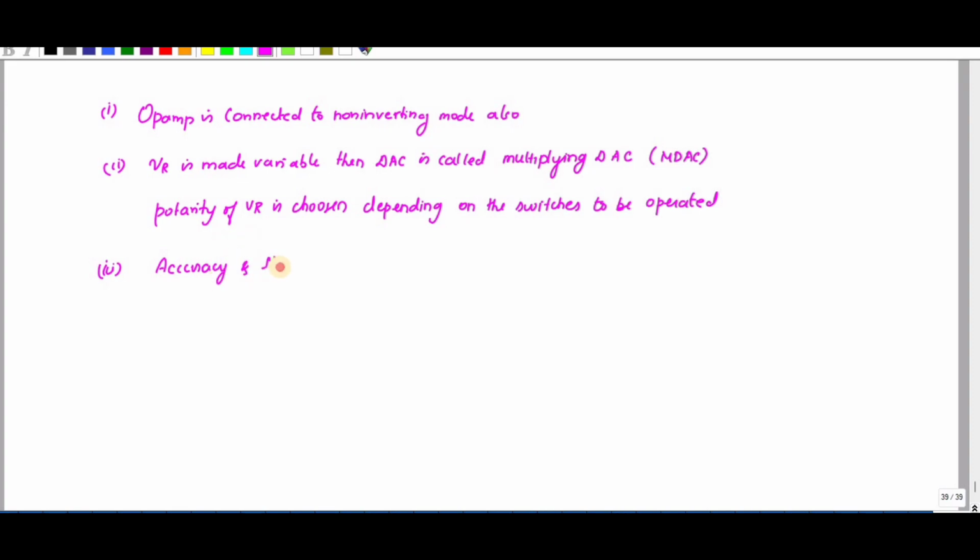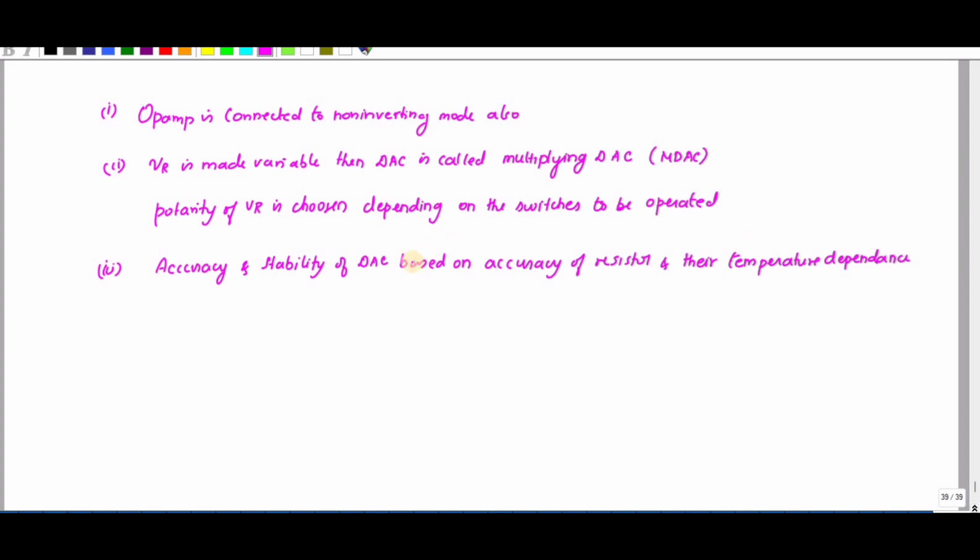So accuracy, I mean the stability of the circuit, that is a DAC, is based on the accuracy of the resistor, right, and on their temperature dependence.